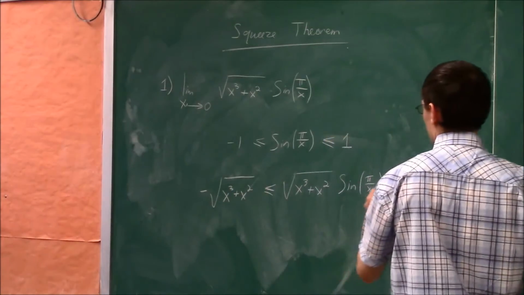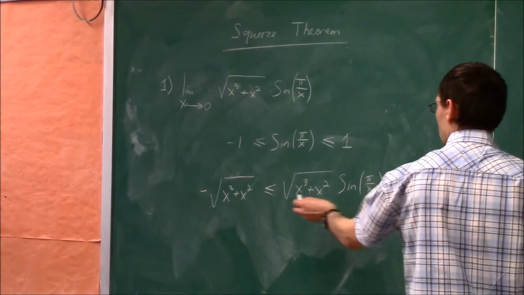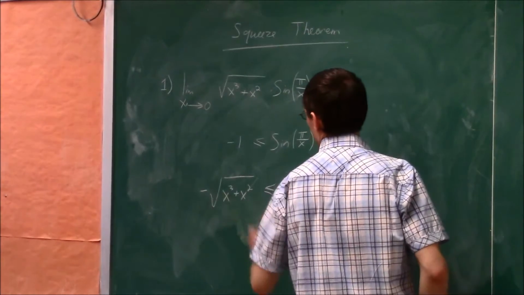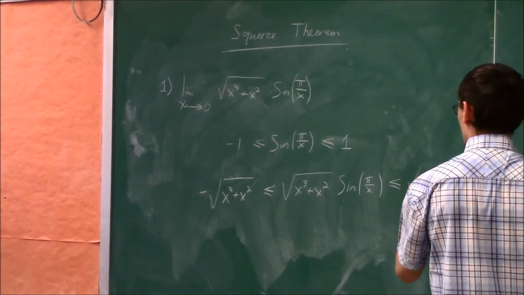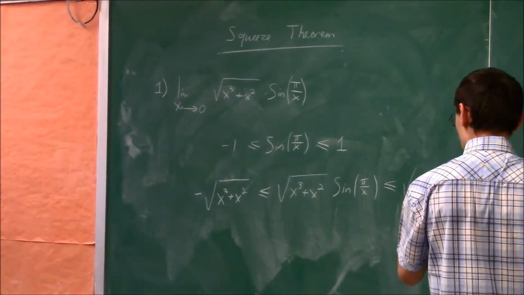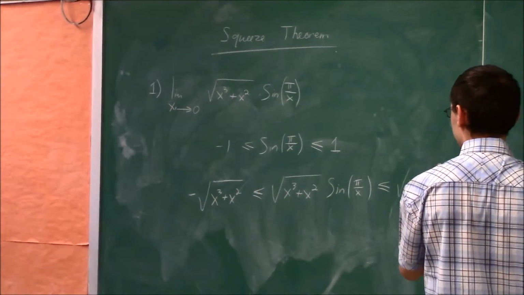Thereby the middle guy is squeezed between minus root of x cubed plus x squared and the positive square root of x cubed plus x squared.